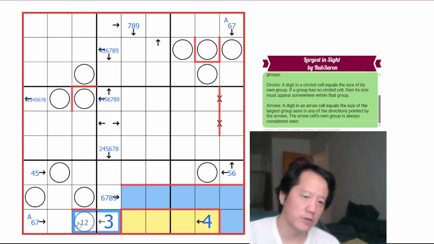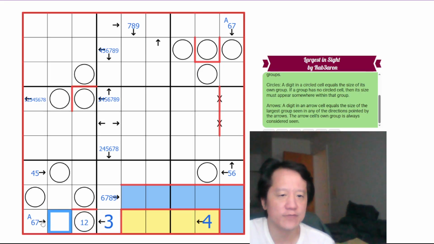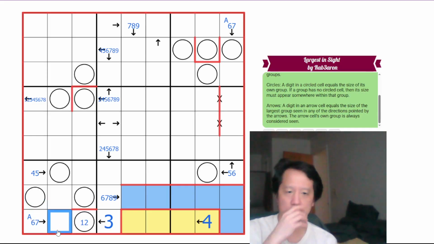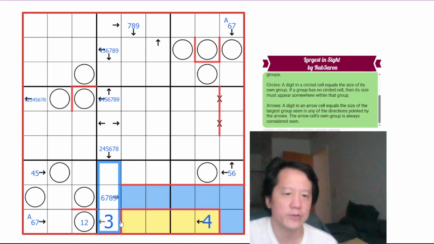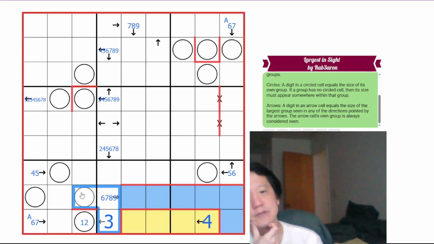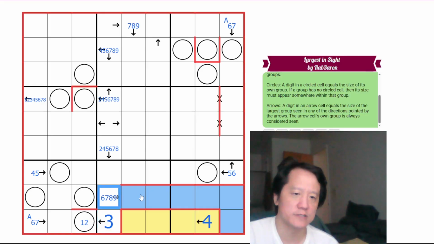This could be part of this group if it's size 2, and then you would have to have a 3 somewhere here, which could work. Which would have to have a 3 somewhere in this group. Otherwise, this could be 3 going that way. It could be just even 3 going that way, too. This could include itself.